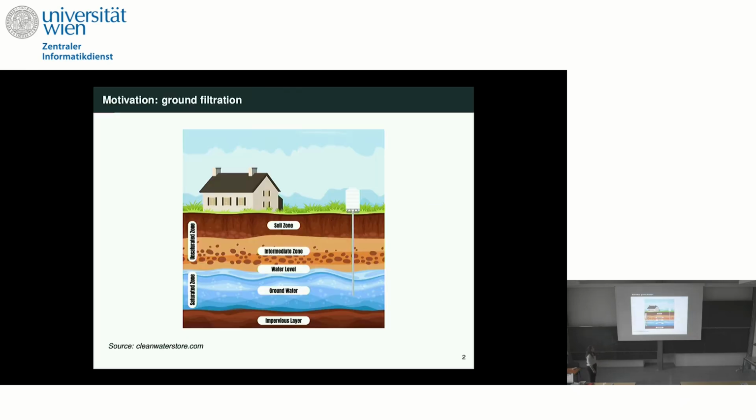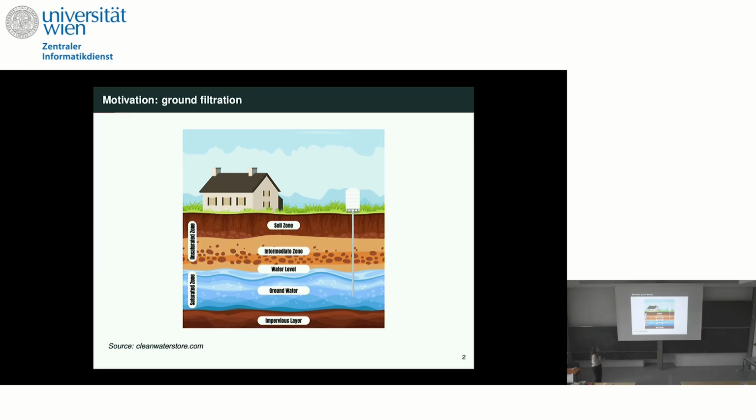So just some motivation: this model that we study appears, for example, in ground filtration. So we have here a system of groundwater. Okay, so we have a house. The house gets its filtered water through this system. And the water here mostly comes from just the rain, and it's stored here under the soil.